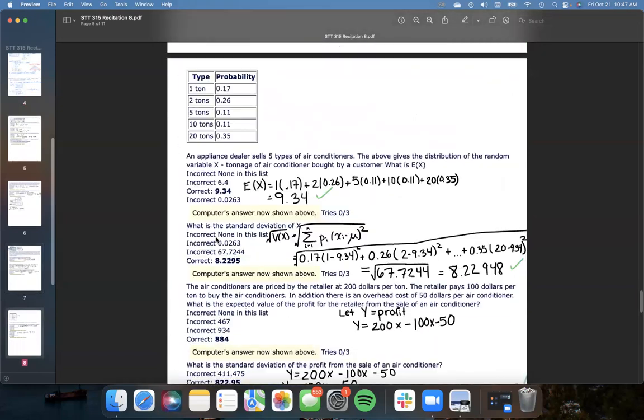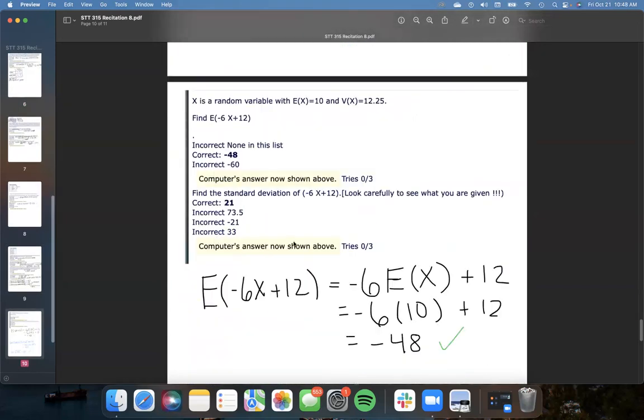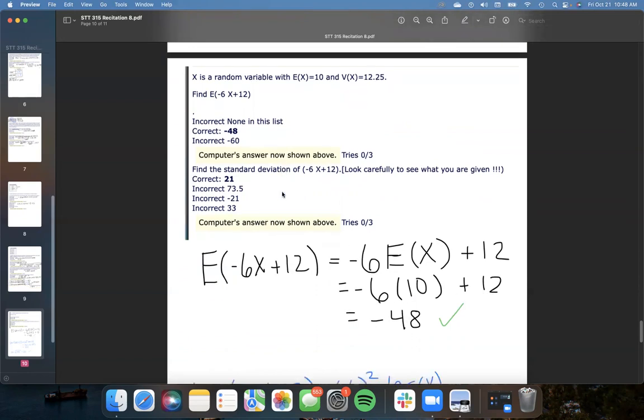So the expectation of that is, we're going to bring the expectation inside, so we get negative 6 times the expectation of X plus 12, because the expectation of a constant is just that constant itself. So you get negative 6 times 10, because we're given the expectation of X is 10, plus 12, so that's negative 48. So negative 60 plus 12 is negative 48.